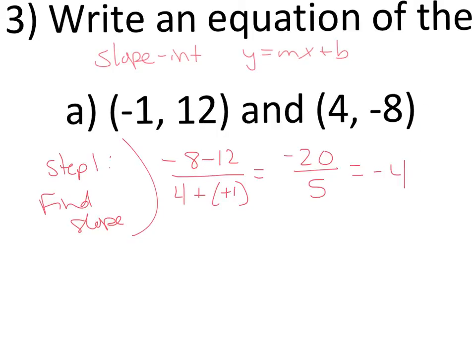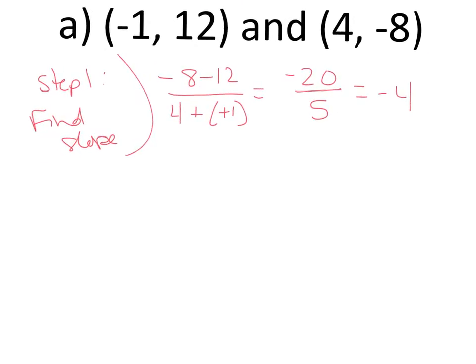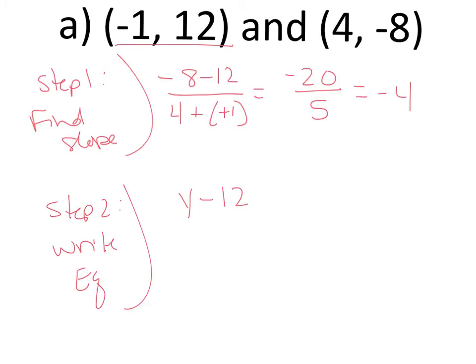And then on step 2, we're going to use one of the points. It doesn't matter which one, just pick one. I'm just going to pick the first one because it's the first one. Step 2, write equation. So I've got y minus 12, because I'm going to use this point right here.